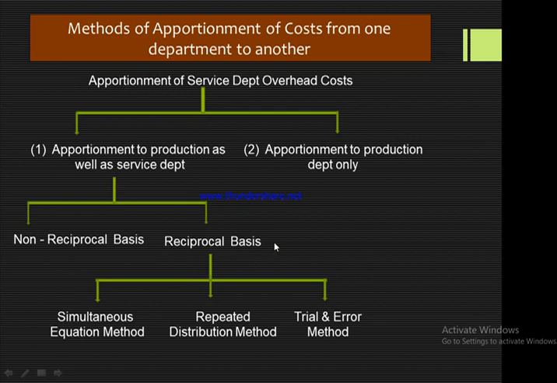Under the reciprocal basis, we again have three different methods, which we had seen in the last class: the simultaneous equation method, repeated distribution method, and trial and error method. No doubt these are three different methods, but finally the relative share of each service department when it is reapportioned back to the production department, the value should remain the same.